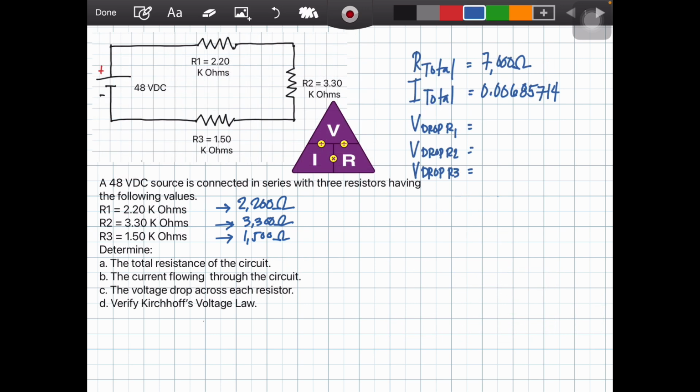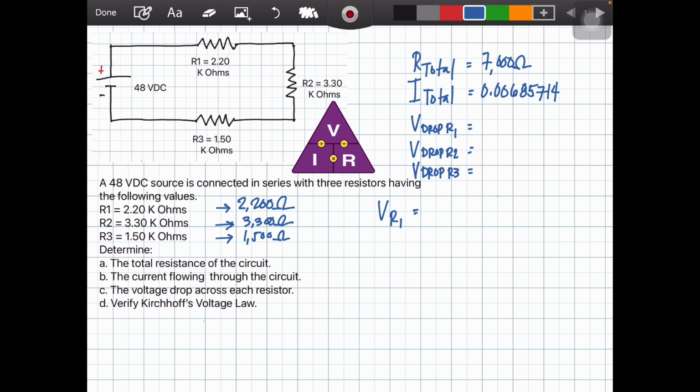Now we are going to solve for the voltage drop for R1, resistor 1 first. So how do we go about it? We write VR1, or voltage drop across R1, as a shortcut.